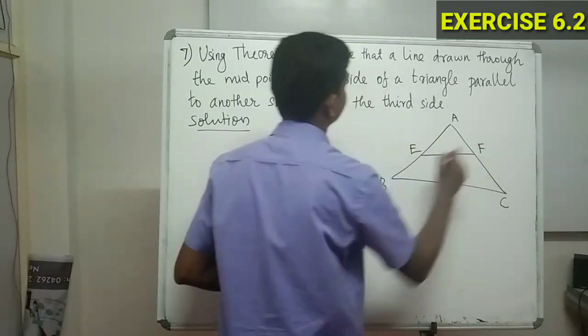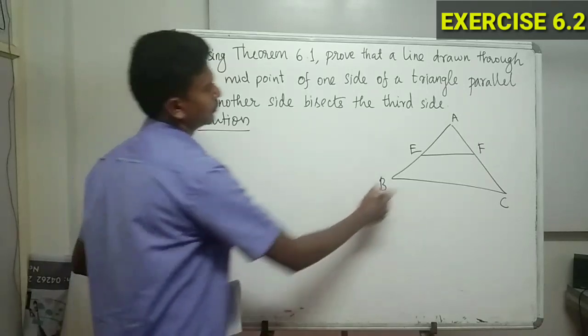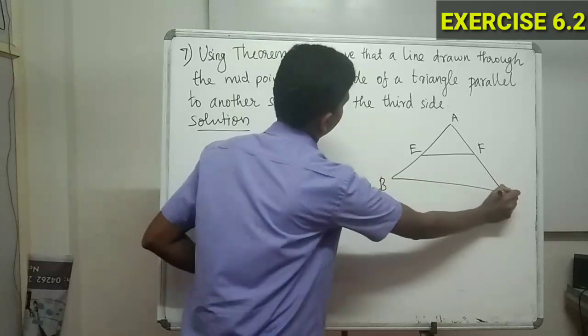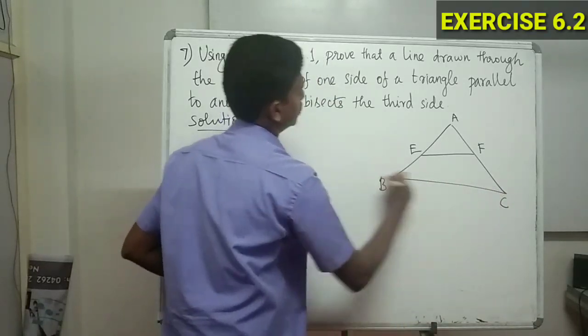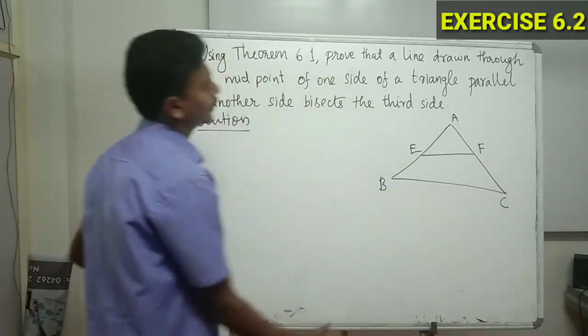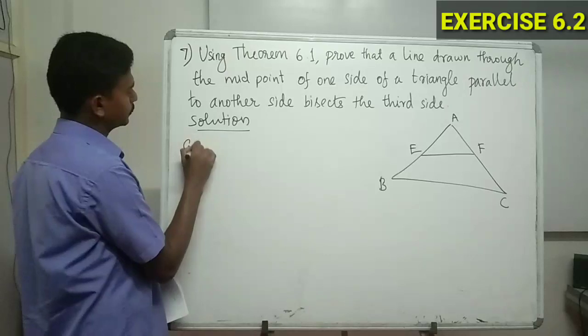The line is EF. It is drawn through the midpoint of one side, AB, parallel to the other side BC, and bisects the third side AC. Okay, so we can write what things are given in the question.